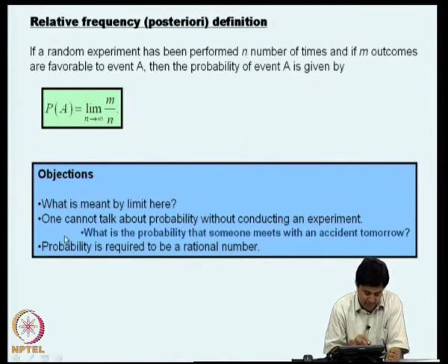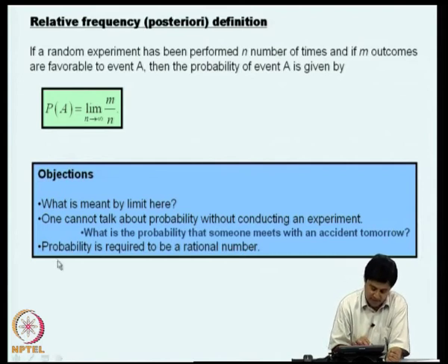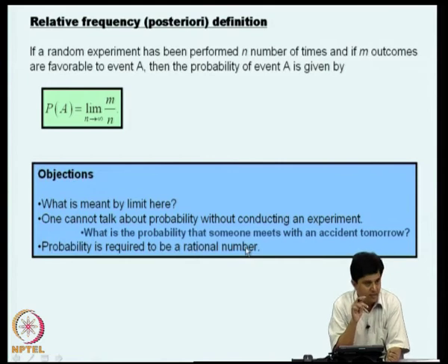The other problem here is that we cannot talk about probability without conducting an experiment, right. So, the question, for example, what is the probability that someone meets with an accident tomorrow, cannot be answered within the framework of this definition. Okay. Again here probability is required to be a rational number.